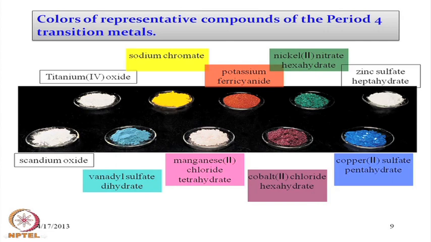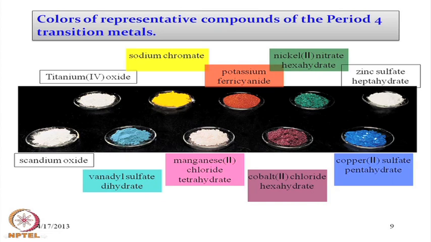So, scandium oxide, which is typically white in color, does not give any typical color, sometimes it is very light in color. Similarly, titanium 4 oxide, TiO2, the rutile. Titanium 4 plus will also not have any characteristic color.